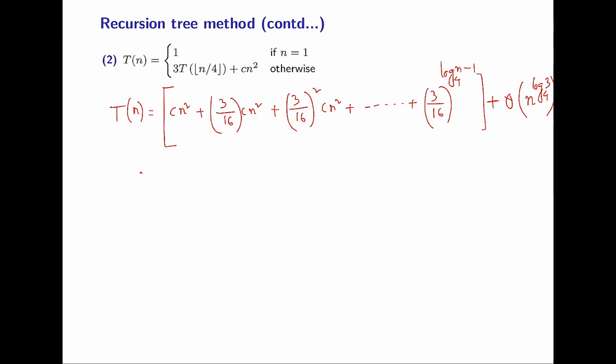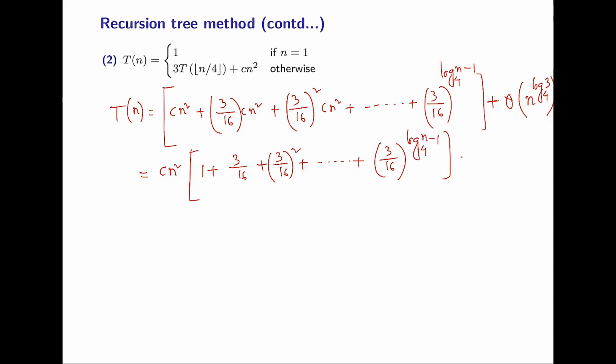Okay, so now if we take Cn square common, it will be 1 plus 3 by 16 plus 3 by 16 square plus dot dot plus 3 by 16 to the power log n base 4 minus 1, plus theta of n to the power log 3 base 4.